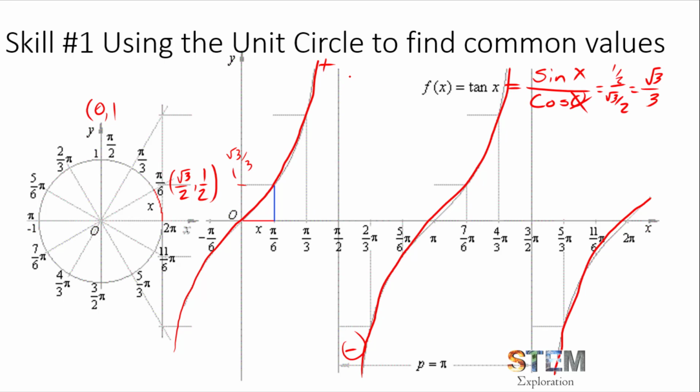And the reason that you're seeing these vertical lines, we refer to these as asymptotes. All right, this is an asymptote. And an asymptote is an imaginary undefined boundary line of a tangent function.